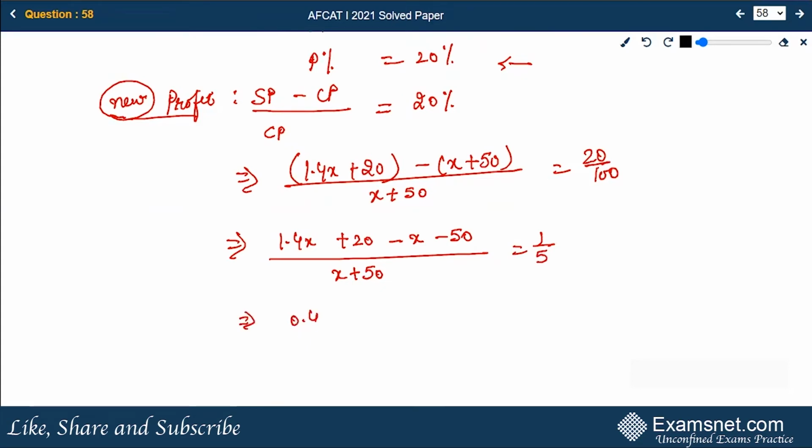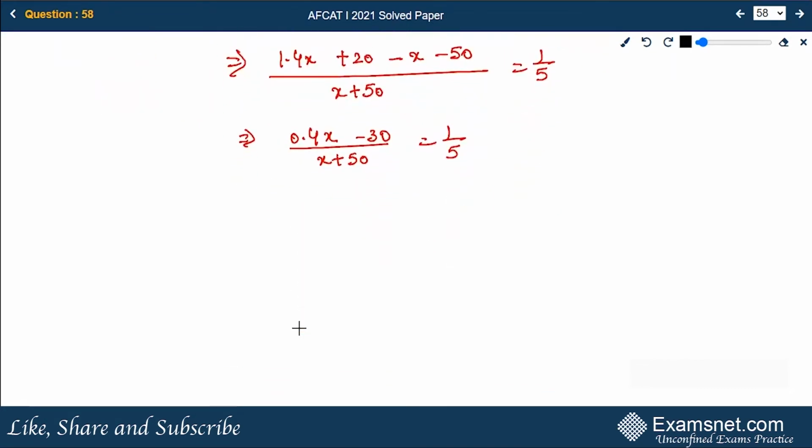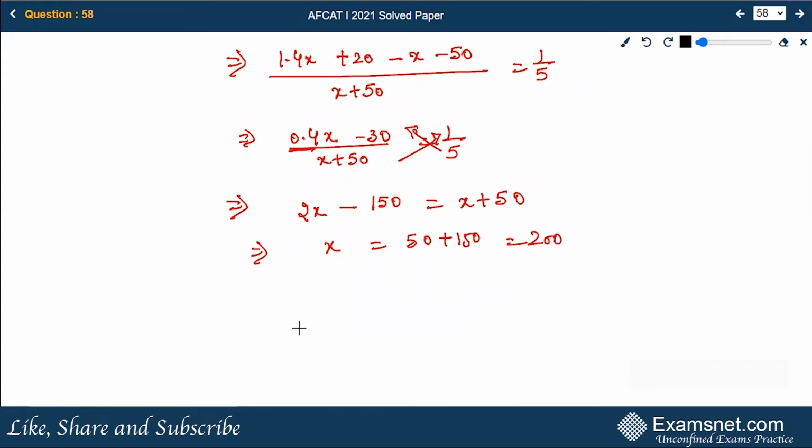Over here, the numerator will be 0.4x minus 30 upon x plus 50 is equal to 1 by 5. Cross multiplication: 0.4 into 5 will give you 2.0 into x, minus 30 into 5 will give you 150, is equal to x plus 50. This will make x is equal to 50 plus 150, which is equal to 200.